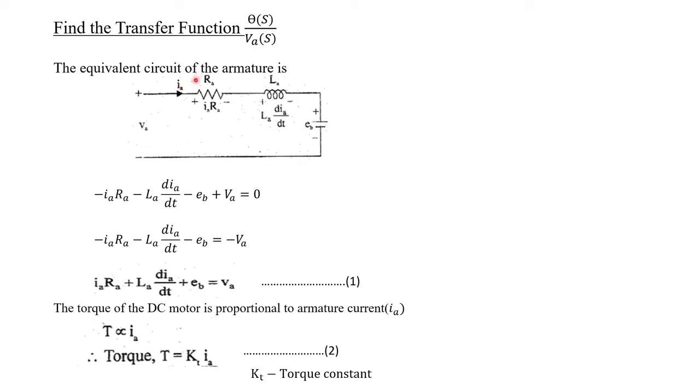Instead of representing it as of t, we can simply write V as well as I. Actually this will be d by dt of IA of t, but instead of representing it like this, we can simply write LA into dIA divided by dt. Next element is the back EMF, that is a source, plus to minus. So it will be considered as a drop, minus, and this voltage is EB.